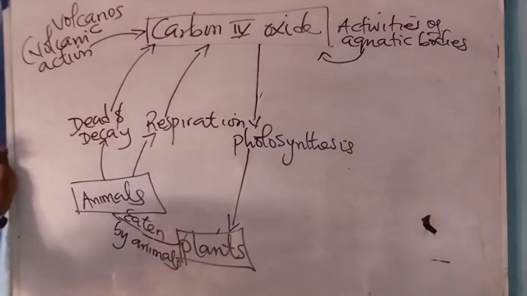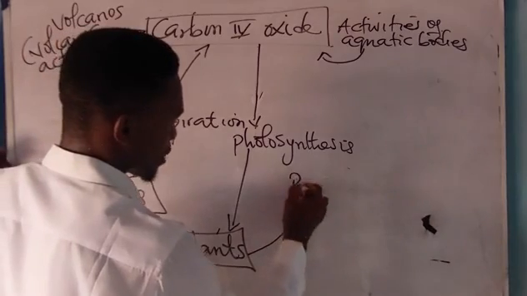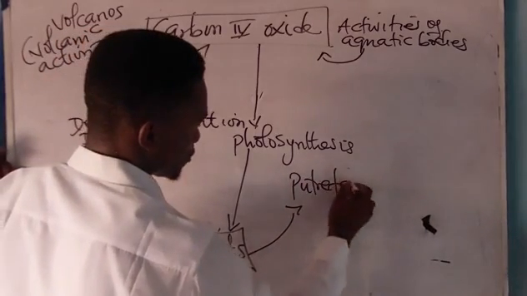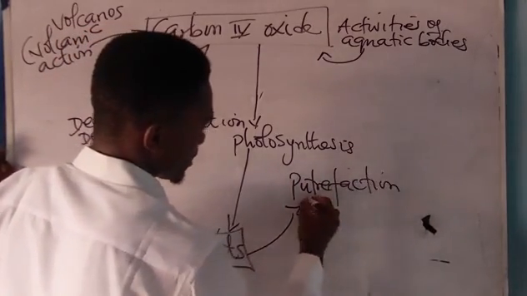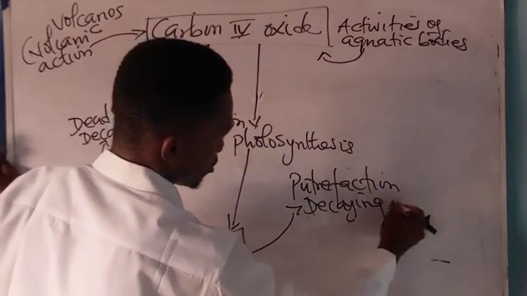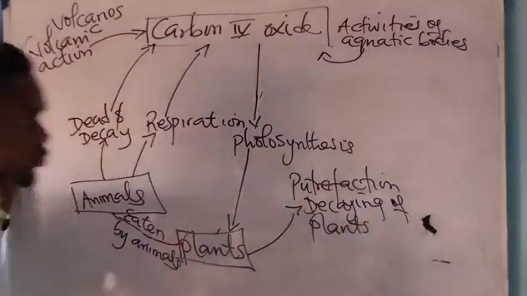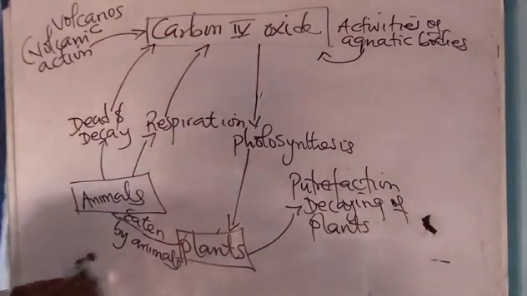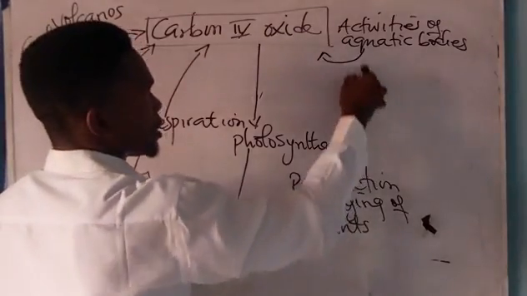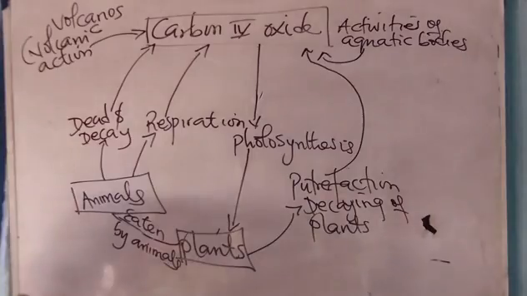Is there any other point? Yeah. Putrefaction. That is the decaying of plants. The decaying of plants can also result in the release of carbon dioxide into the atmosphere. All right. Is there any other point? Good.